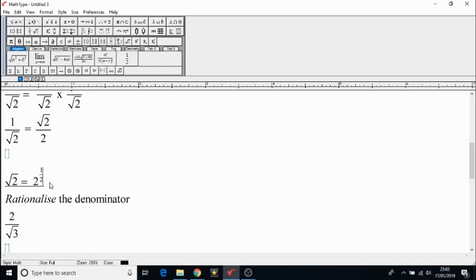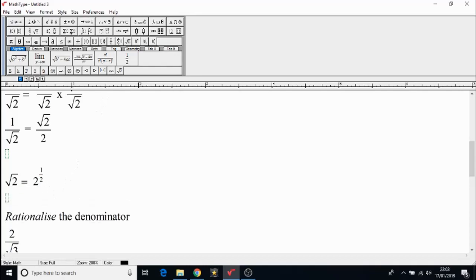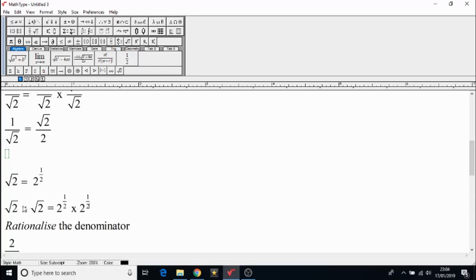So the square root of 2 multiplied by the square root of 2 is the same as writing 2 to the power of a half multiplied by 2 to the power of a half.